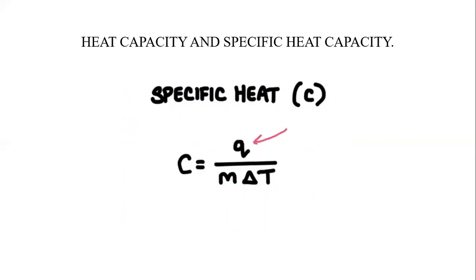So heat is measured in units of joules, mass is measured in units of grams, and temperature is measured in units of degrees Celsius. The units for specific heat end up being joules per gram degree Celsius. So all of this is included as the unit for C. When we calculate C, this is what we would put next to our answer.